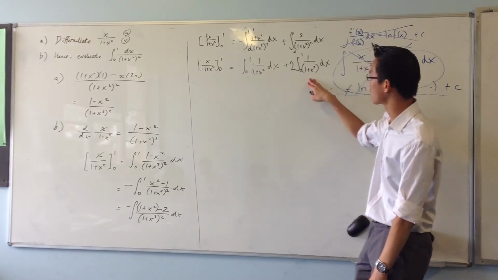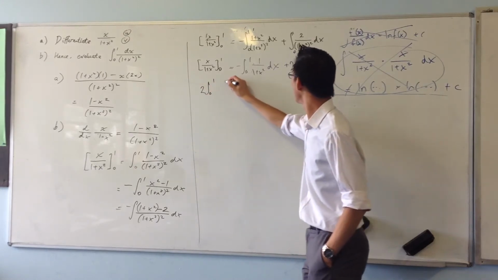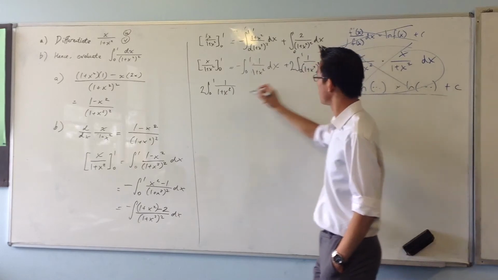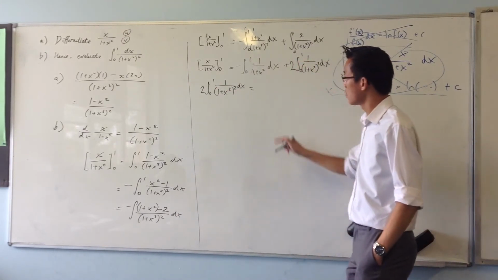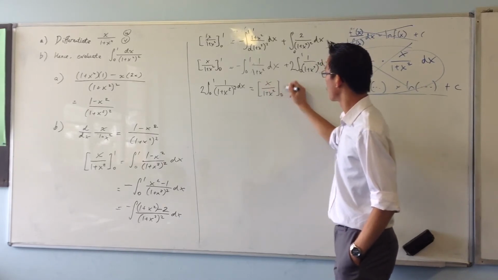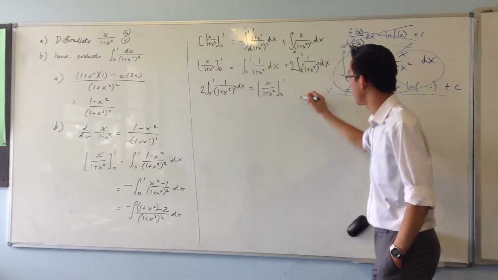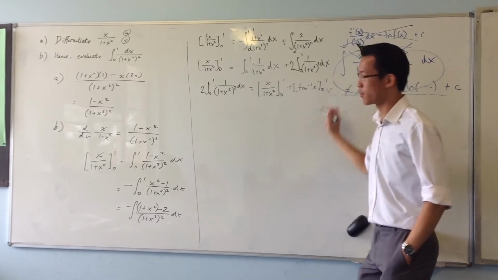This is what I'm after, so I'm going to make that the subject: 2 times the integral from 0 to 1 of 1 on (1 plus x squared) squared. Sorry, it should be squared. Now what's that equal to? I'll open this guy up from 0 to 1, and him coming over, he's now added. So this is, like you told me, tan inverse from 0 to 1.